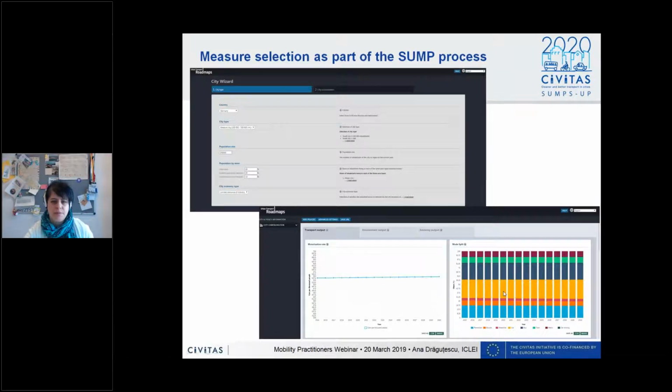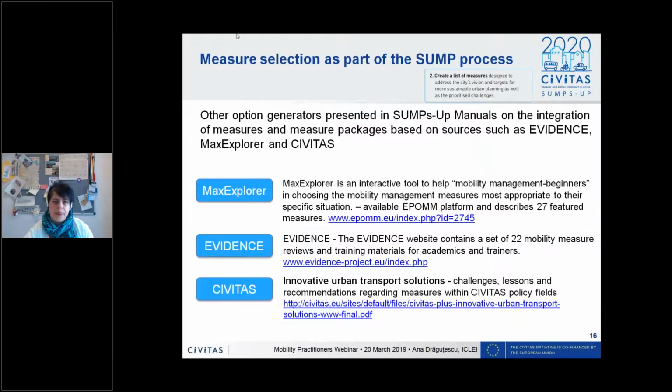As I tried to design something for a German city in the bottom part of the slide, you'll see your modal share, what it looks like, and you'll receive all sorts of information that I mentioned earlier.